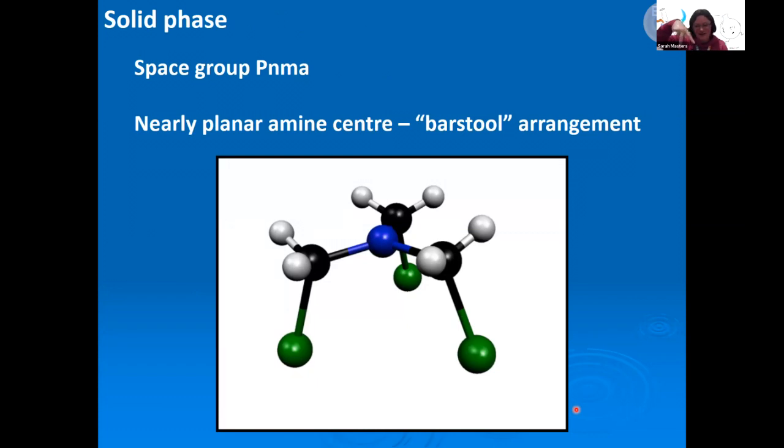I don't know if you can see my hand, but it's like a tripodal arrangement, and all three of the chlorine atoms in the chloromethyl groups are pointing downwards with respect to that almost planar central nitrogen there. Okay, so the CNC angles in this, they're not quite 120 degrees, but they're getting pretty close to it. And there's quite a strong dipole within this system as well, and I'll come back to that point again a little bit later on.